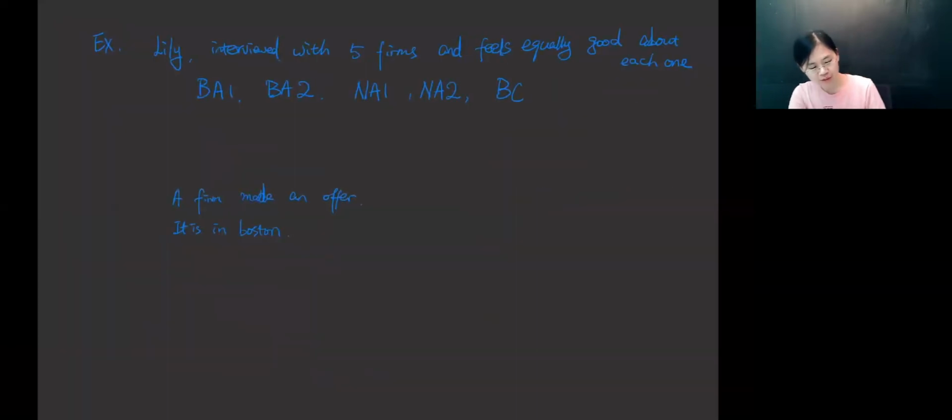Let's now consider a simple example of conditional probability. In this example, there is a college graduate, Lily. Lily interviewed with 5 firms for a new job, and she feels equally good about the 5 firms. So she thinks that the 5 firms are equally likely to make her an offer.